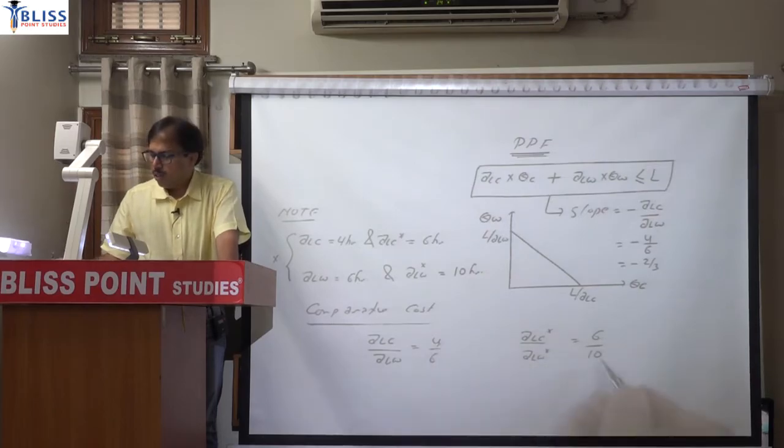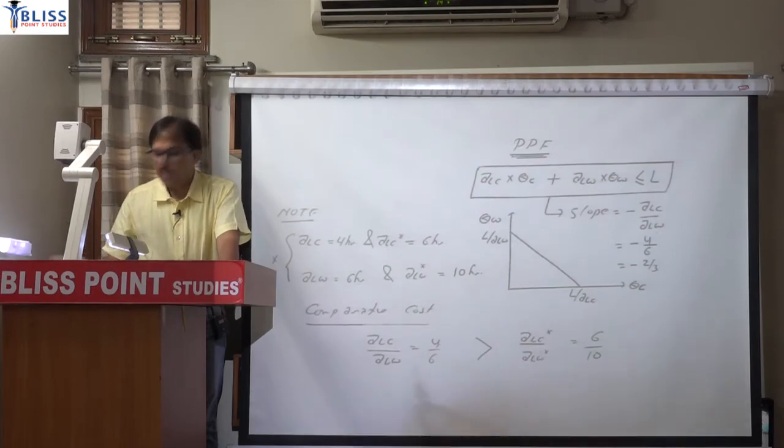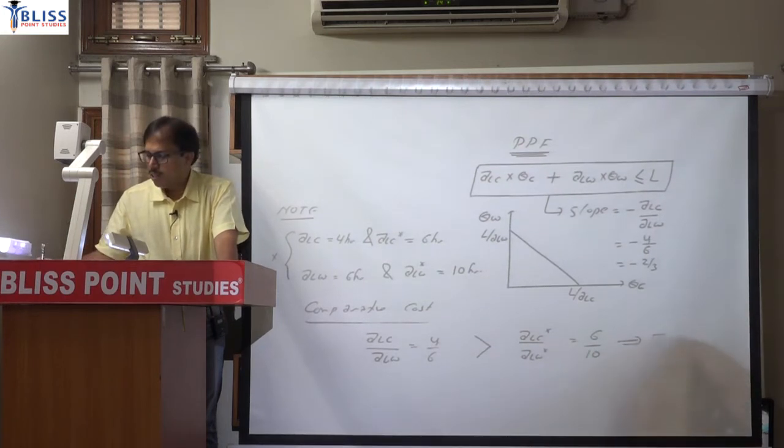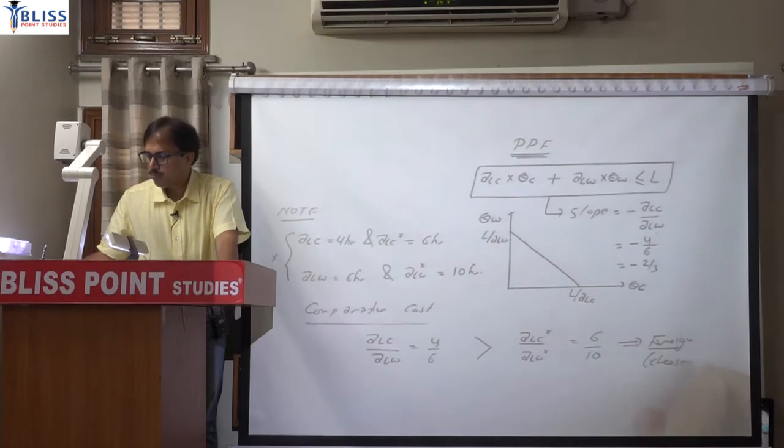So you will compare these two, this number is greater and this number is less. So if this is the case, then we can say opportunity cost is less in the foreign country. So the foreign country will produce cheese. In that case, this product will be produced in the foreign country.